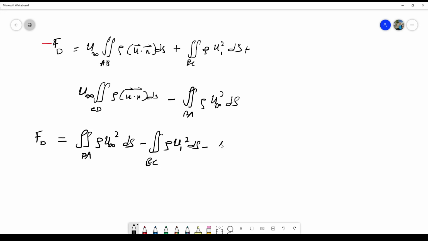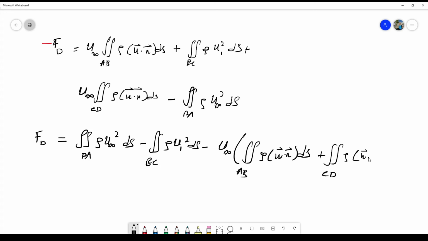All of this we subtract by the expression here for the integrations on the surface AB, u·n ds, plus the contribution from the surface CD. Then we have a similar expression, u·n ds, for the surface CD.